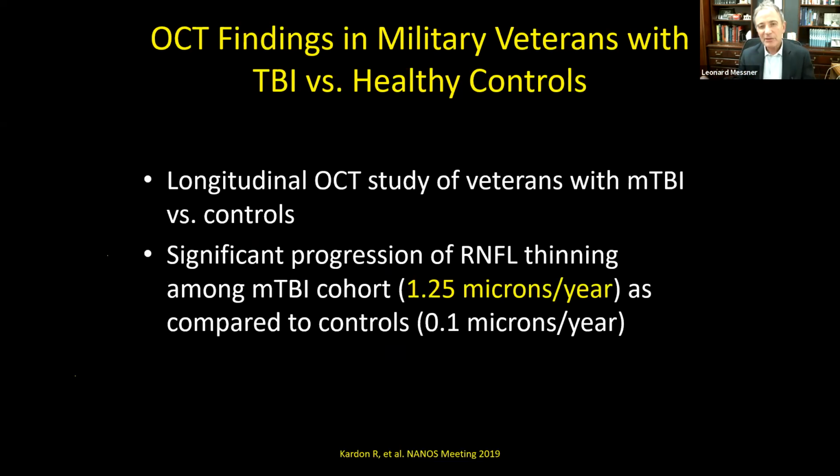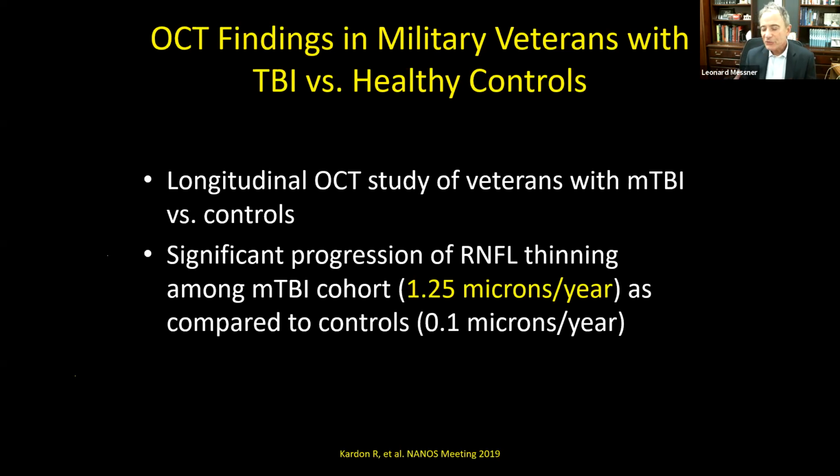And I think that this was particularly significant, not just because it was a longitudinal study, but because one of the confounders of our study was, okay, you've got boxers, and to a lesser extent, you have NFL players. How do you know that this is retrograde degeneration from the brain coming into the eye as opposed to simply trauma that's being induced by being struck in and around the globe?